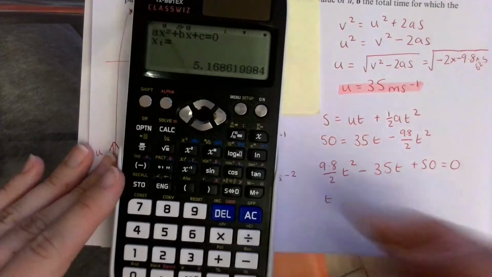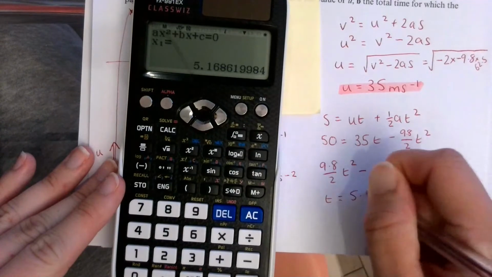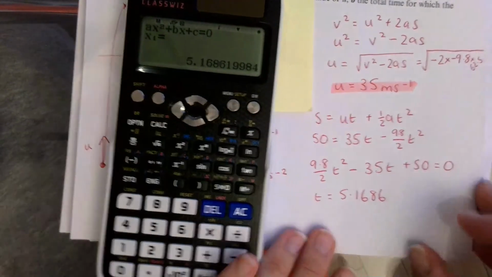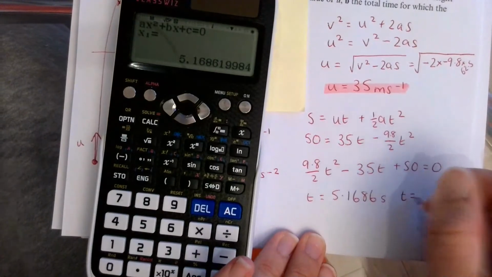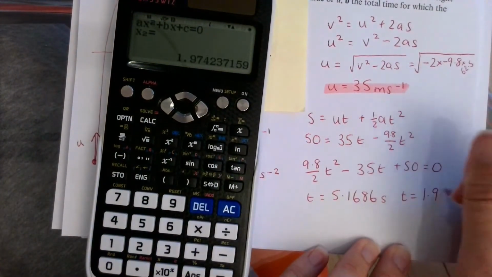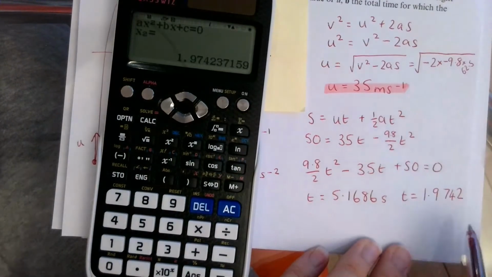And I get that t is either 5.1686, I'm going to keep lots of significant figures in here, or that t is 1.9742.